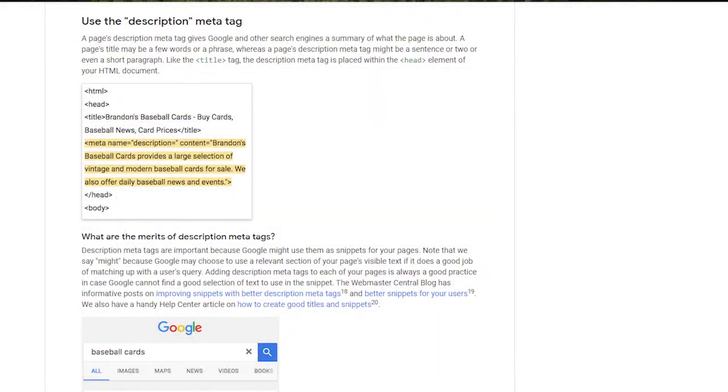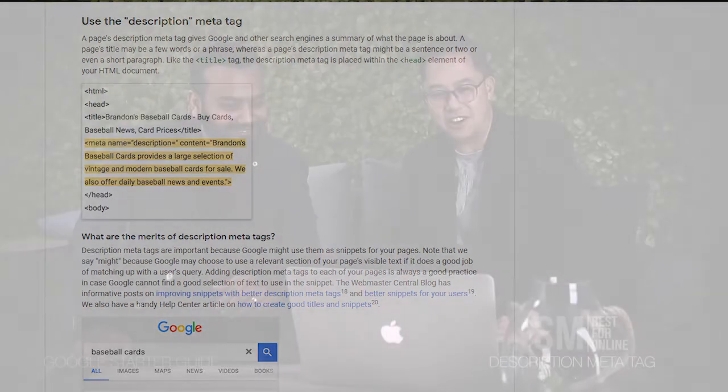Exactly. I'm going to read directly from the Starter Guide about what some people are doing in their description meta tag. Do not do this. People are writing description meta tags that have no relation to the content of the page. They're also using generic descriptions like "this is a web page" or "this is a page about baseball cards."